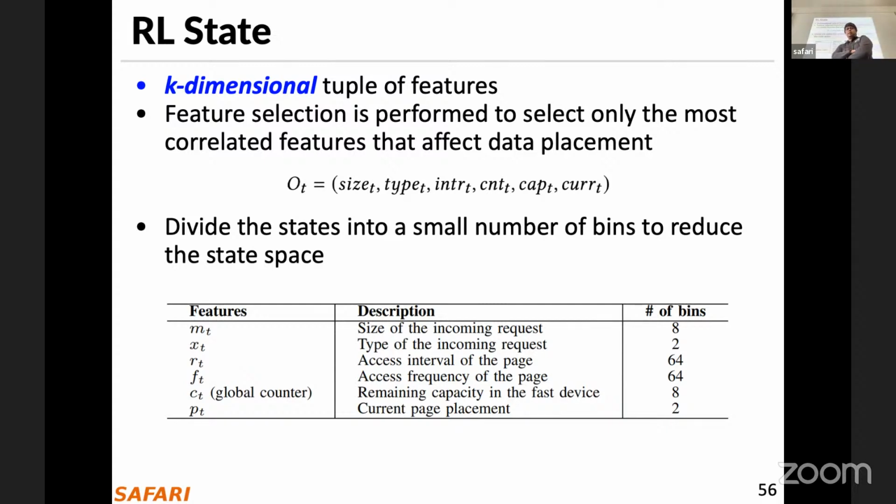So we don't go to that level of these devices. What we are looking at is whether the data is already available in the fast device or in the slow device. So the Oracle basically makes the data already available in the fast device before the request accesses the page.